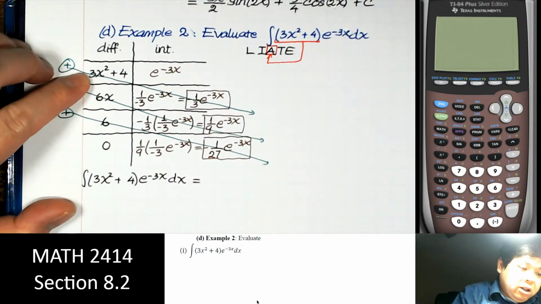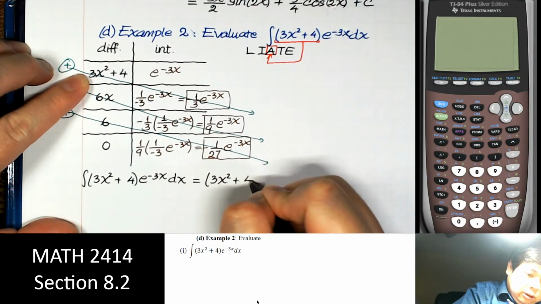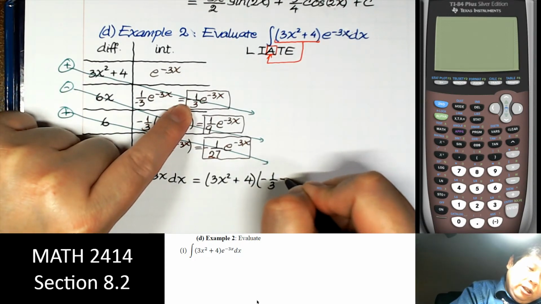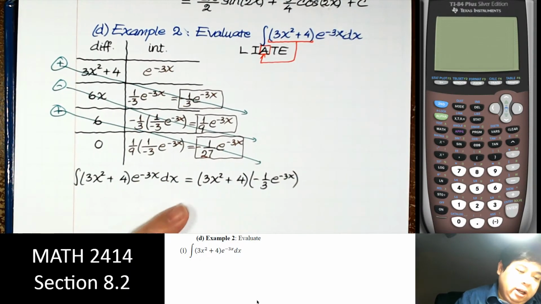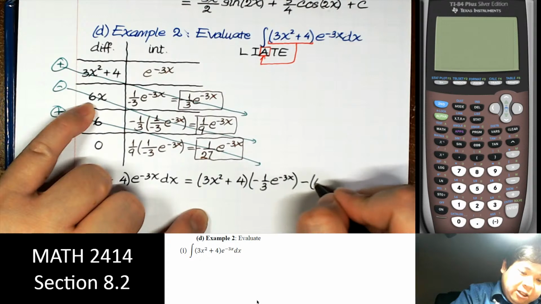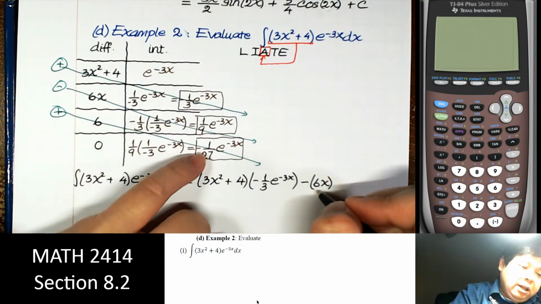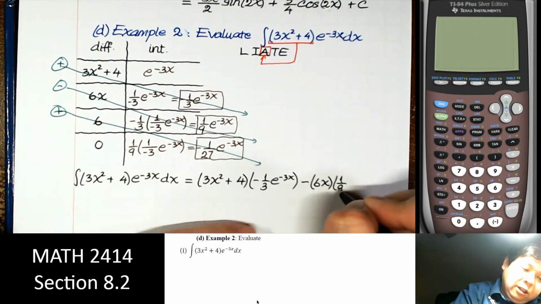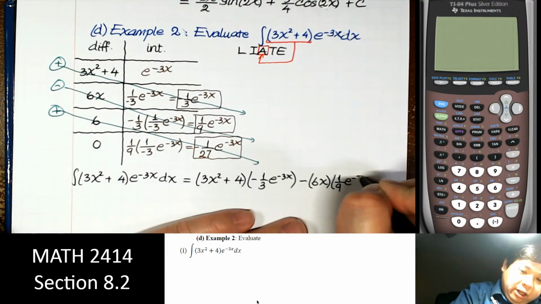So first up, the product, 3x squared plus 4, and then we have negative 1 over 3 e to the negative 3x. Next is subtract 6x times 1 over 9 e to negative 3x.